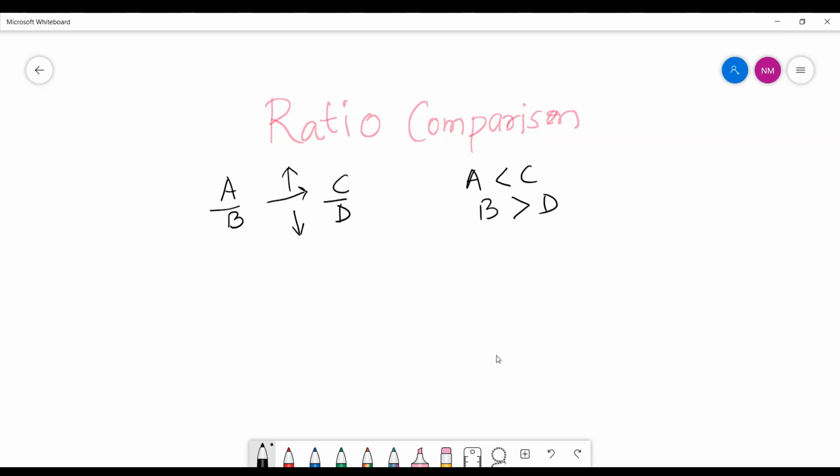This will mean that my numerator added a positive effect to my ratio. It increased its value, and my denominator actually decreased. So it also added a positive thing because it is inversely proportional. So ultimately my ratio is always going to increase. So my second ratio is always going to be higher in value than the first ratio, right?